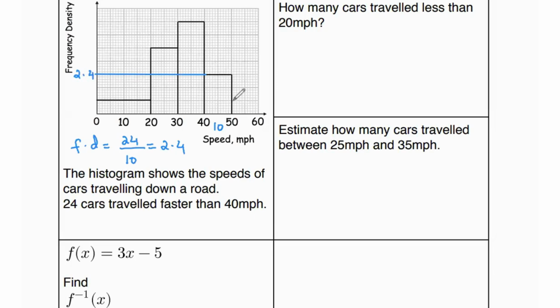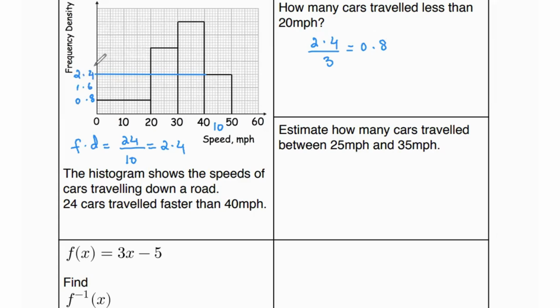So since in this block or bar, we have 3 complete squares, and at the third square, the value is 2.4, which means to find the value of one square, we divide 2.4 by 3, which gives us 0.8. Hence, the scale we're using is that for each big square, we're adding 0.8.